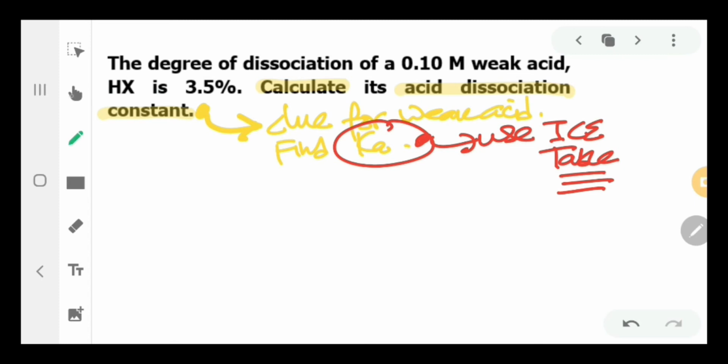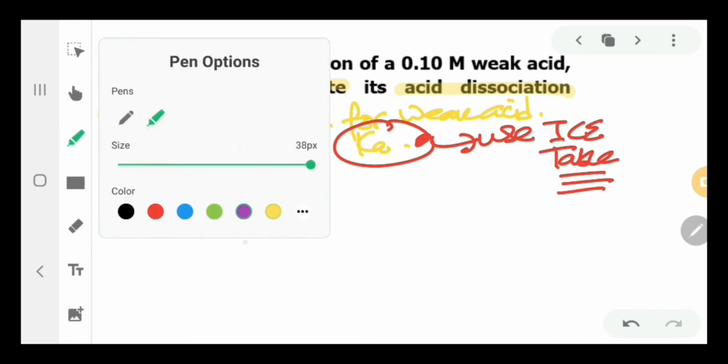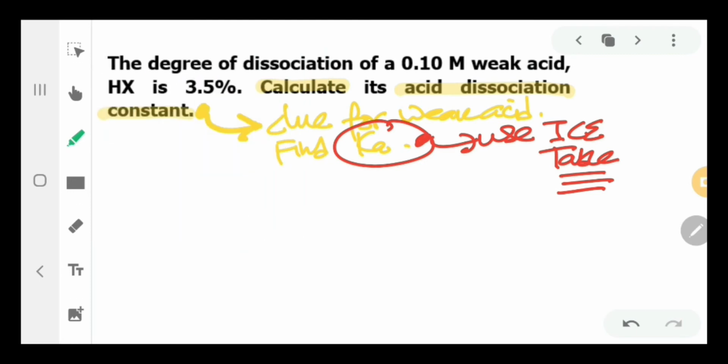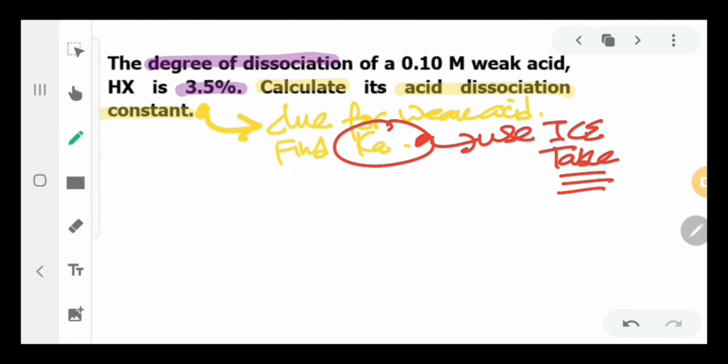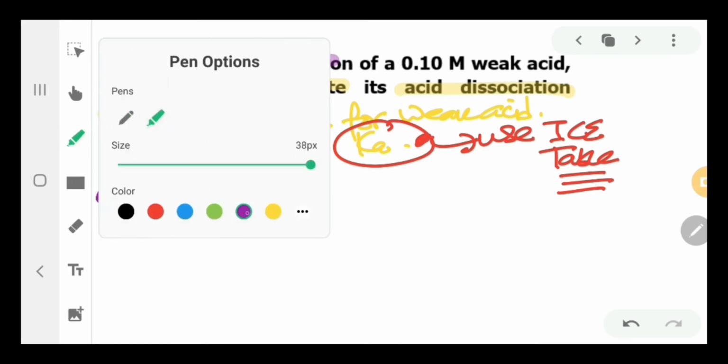And the question gives you this. Degree of dissociation of 0.10 molar weak acid is 3.5%. So the question gives two things.